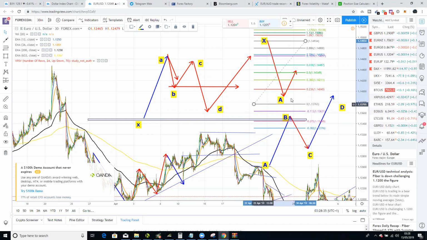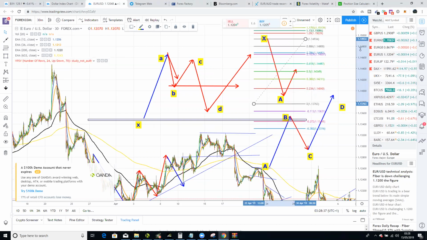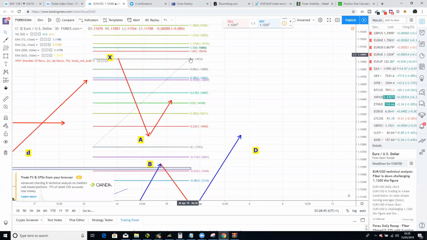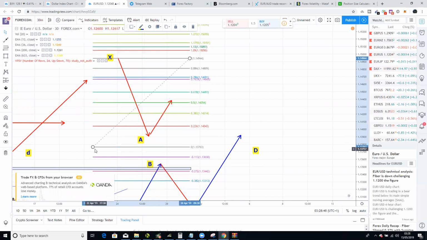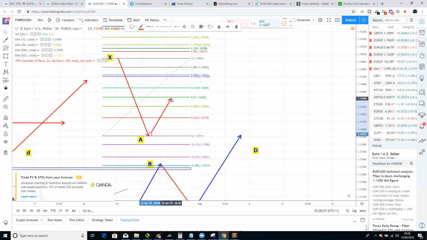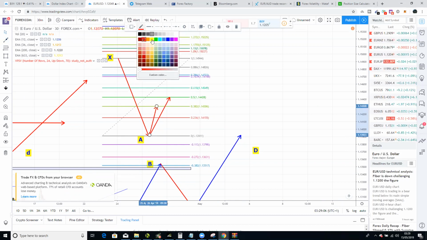So let me enlarge this a little bit. It's all about using our measuring tools effectively as well. So it can be between 38.2 and 50. For this case, it's going to go to 38.2. That's the minimum requirement; I can get to 50 as well.